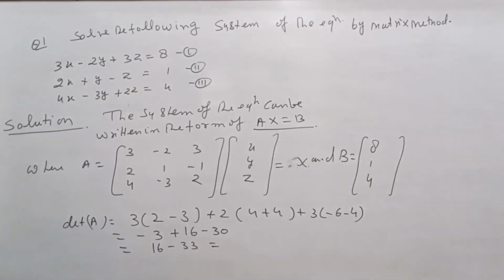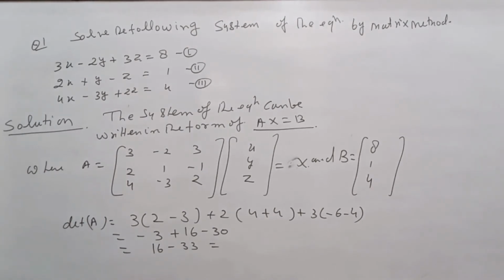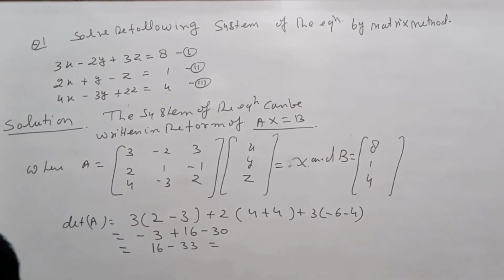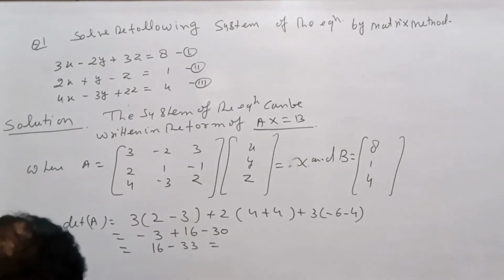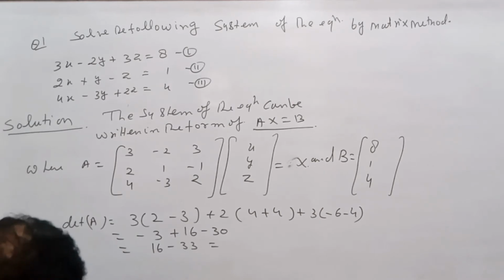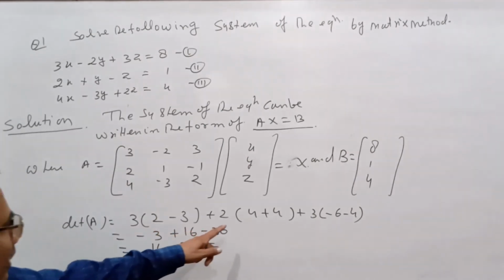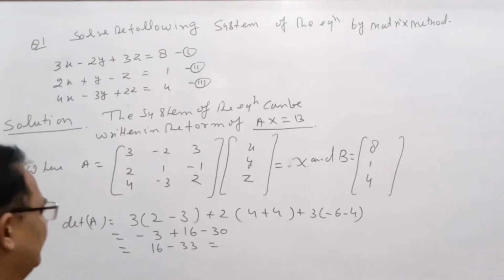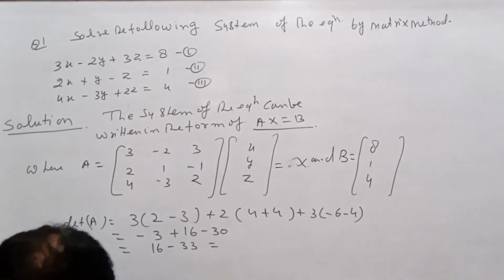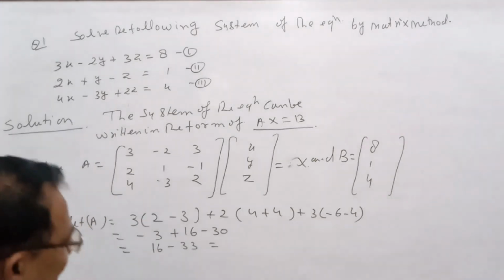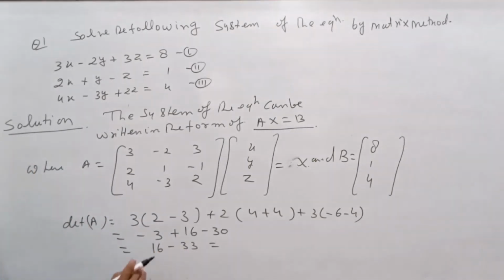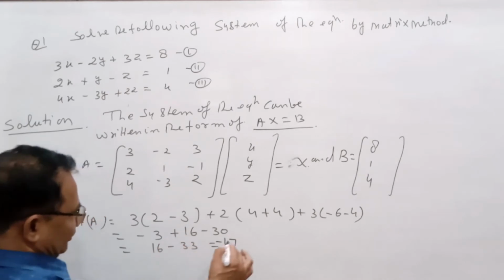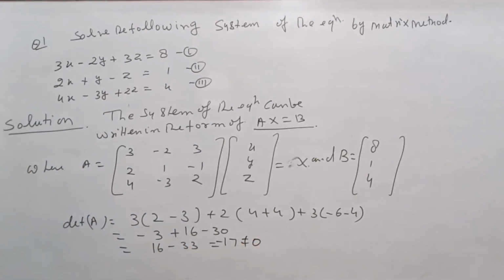So we see that det A is equal to -3, and again we check, 16 plus 10 minus 30, and this is equal to -17, not equal to 0.